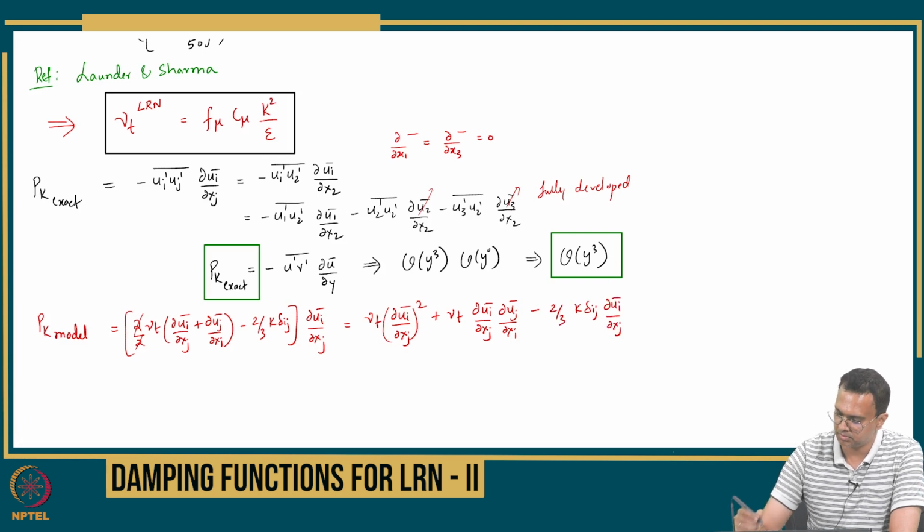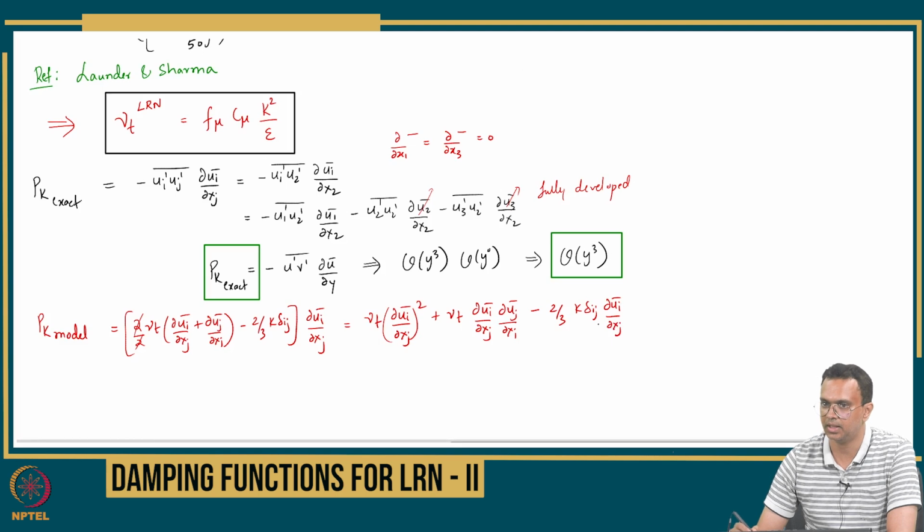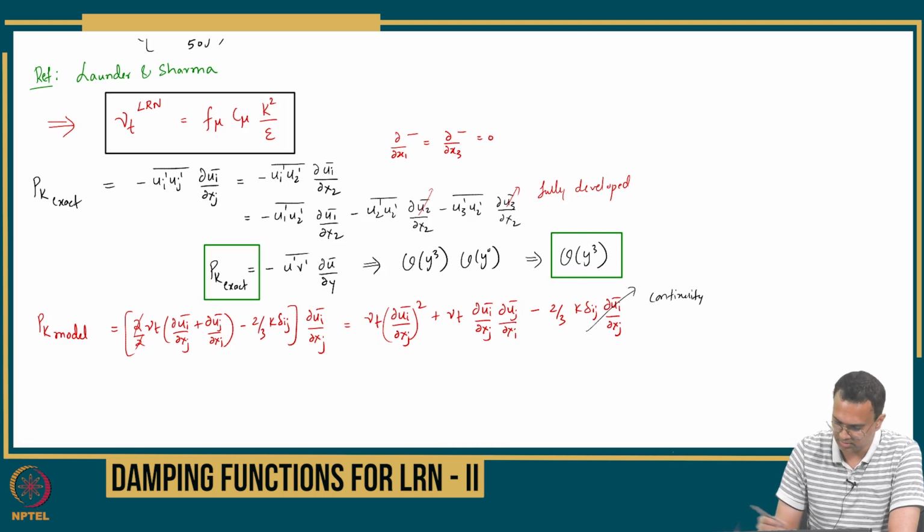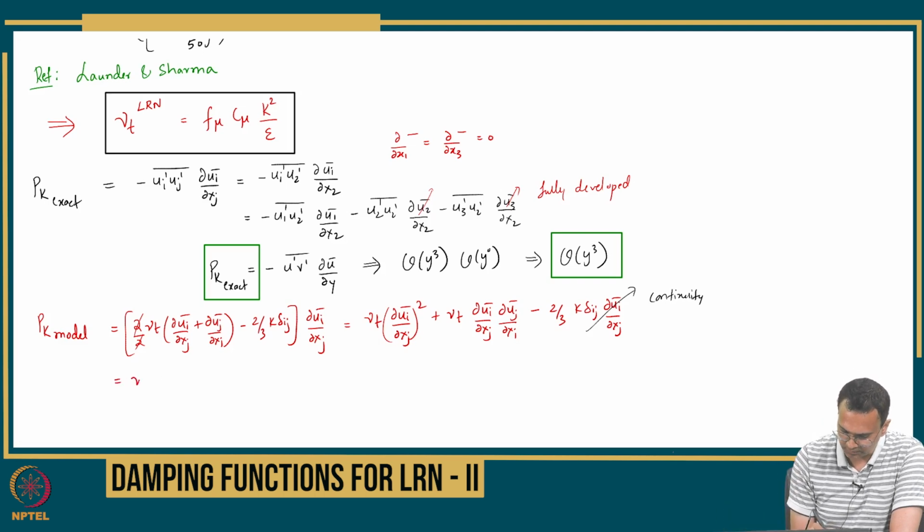This particular term goes to 0 when delta ij is 1, that means i equal to j, because of continuity. Due to continuity, this term goes away. Only these two survive. And if you expand all these terms and apply the statistically homogeneous as well as the fully developed condition, you will see that all these terms are vanishing.